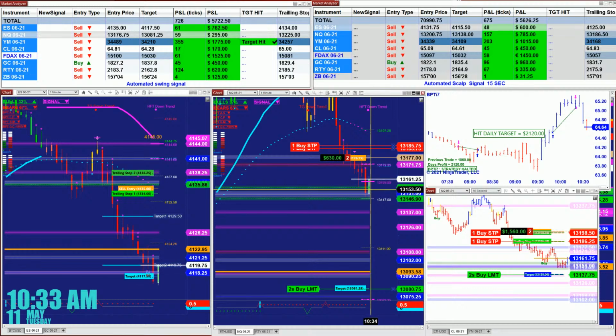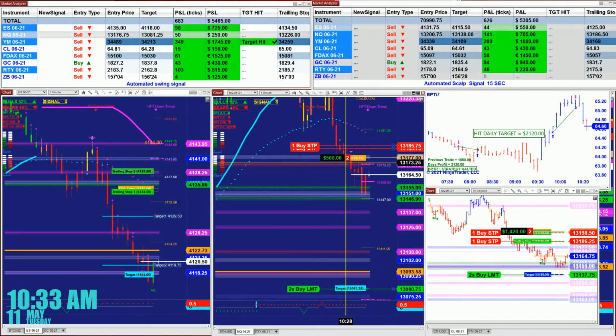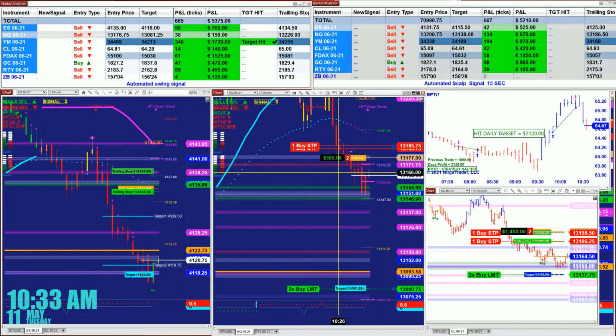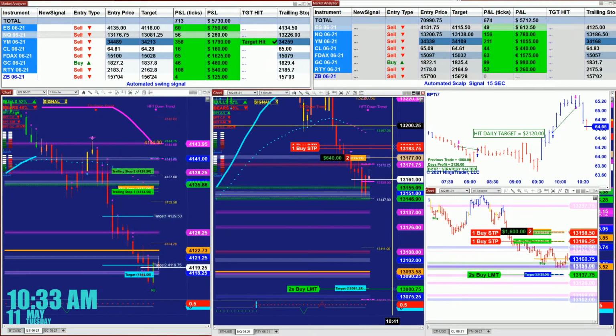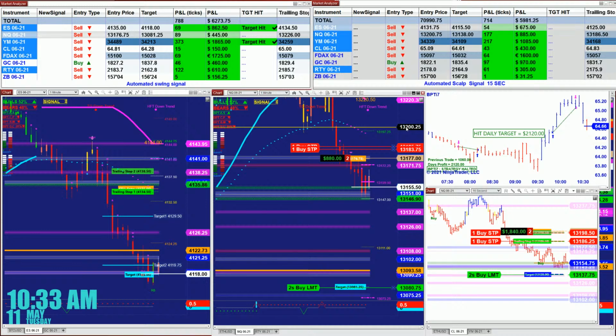Look at this. This is a very strong support area, and probably it's not going to survive it.